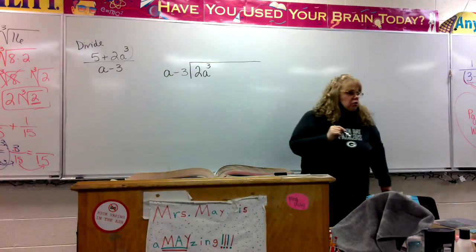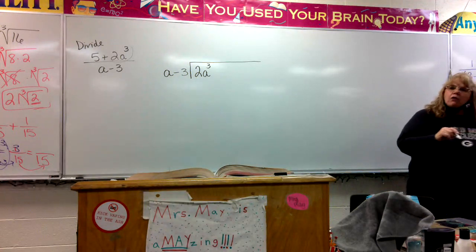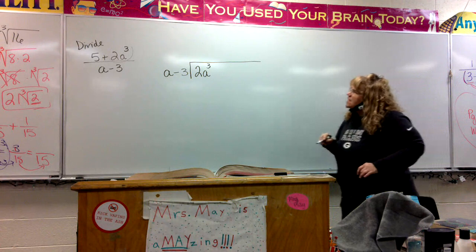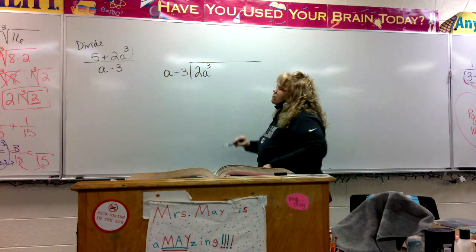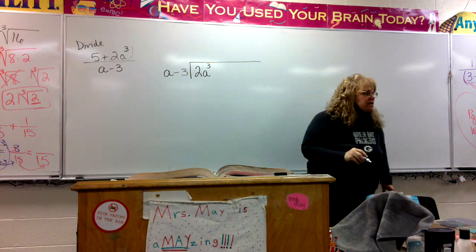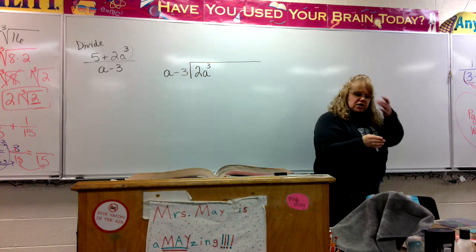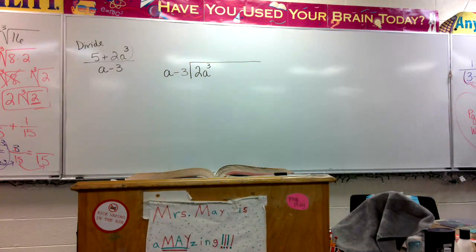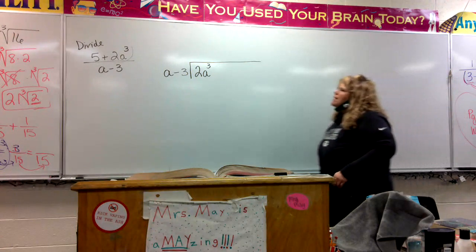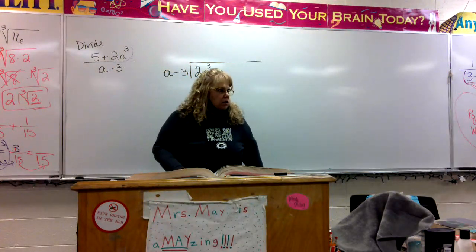But one other important thing, in addition to decreasing powers, every single power, starting with this biggest one, every one down from there, has to be accounted for. So if my biggest is a to the third, then I have to have an a to the second and an a to the first and an a to the 0. Well, how many a to the seconds do I have up there?